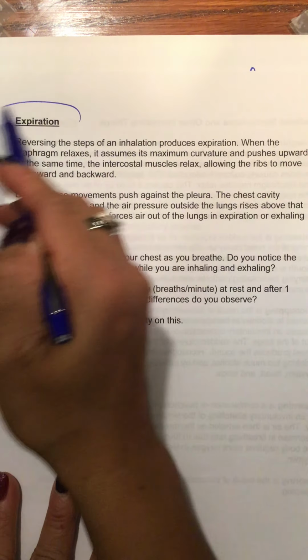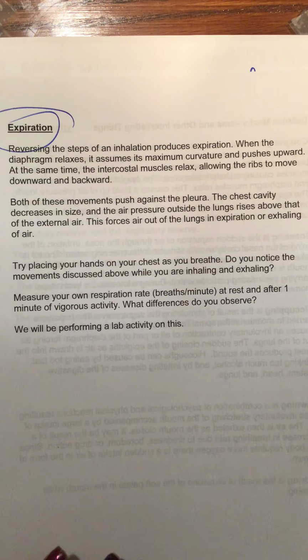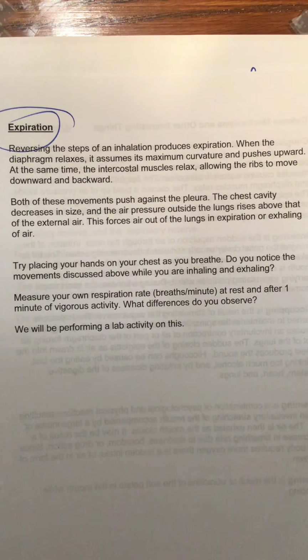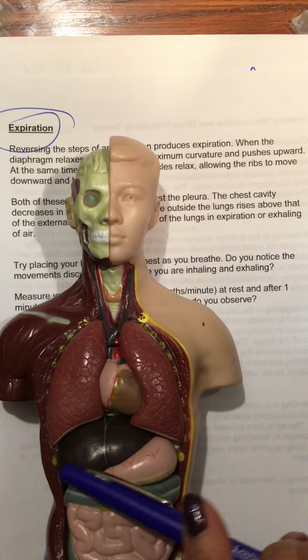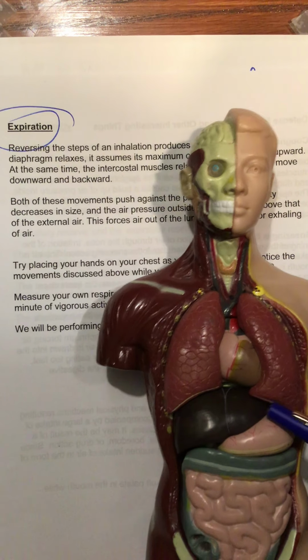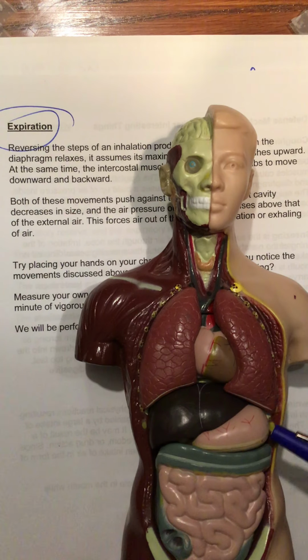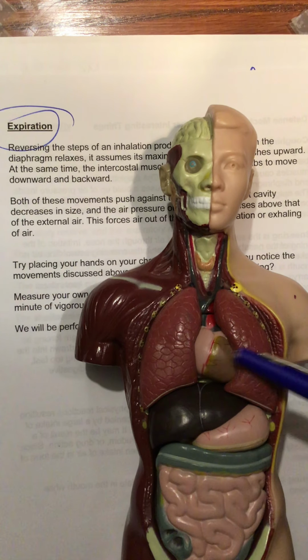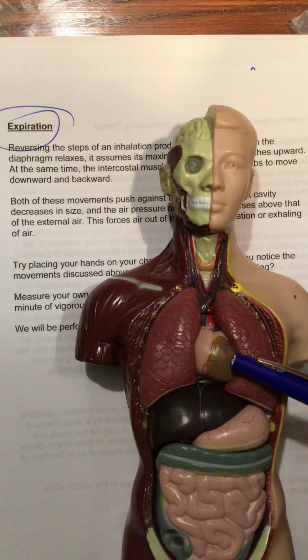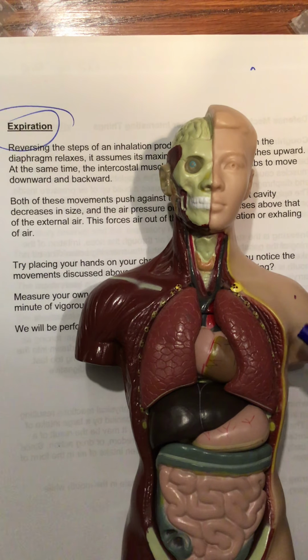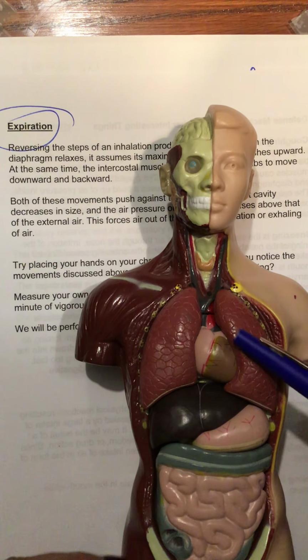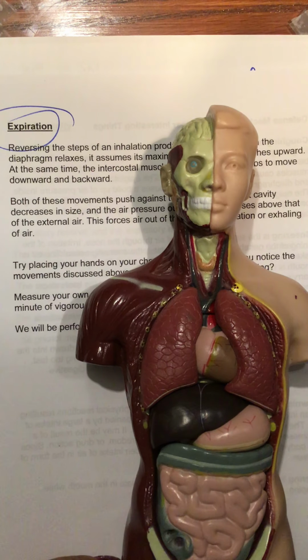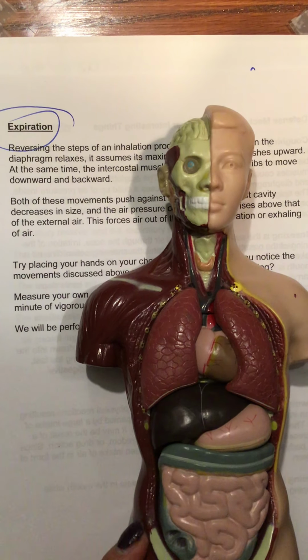During expiration or exhalation, it will be the reverse of the inhalation process. When the diaphragm relaxes, it will assume its maximum curvature. It will curve up, and there will be little space in your thoracic space. Also, the intercostal muscles will move inwards, and it will basically squeeze the lungs and force the air outwards.